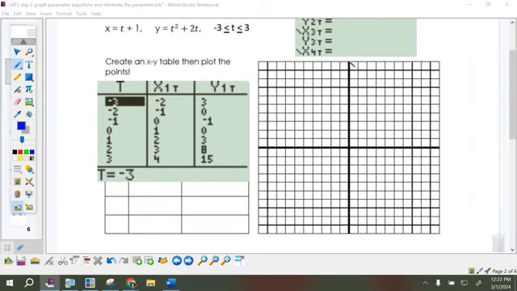All right, well, so this goes up to 10, so I'm just going to make that go off the grid. So I've got negative 2, 3, negative 1, 0, 0, negative 1. All right, 15 will be up there.